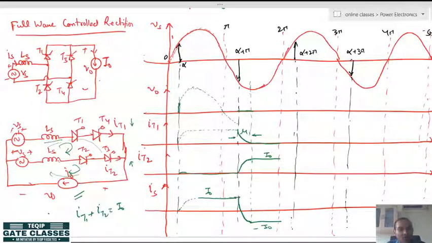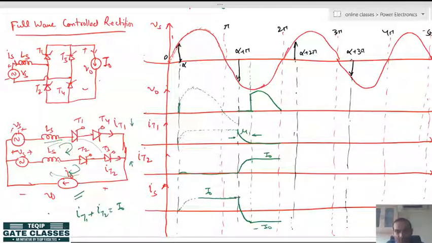So, we can draw like this, and when the overlapping period is over, again the output voltage will follow, because T1 and T4 are off now and T3 and T2 will take the conduction. So, again the output voltage will be positive like this. Here you can see that one voltage is lost due to this negative area and another voltage is lost due to this 0, due to this overlapping area.